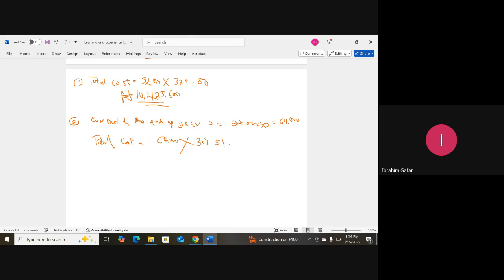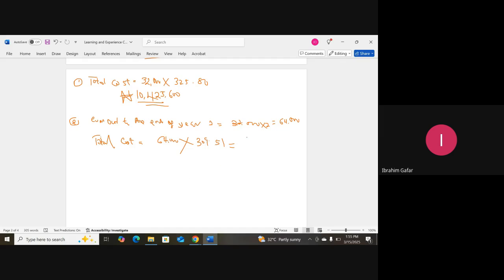Do you make use of the formula or you just use 325.8 multiplied by 95%? If you use 95%, it will definitely be the same. 95% of 325.8 gives 309.51.